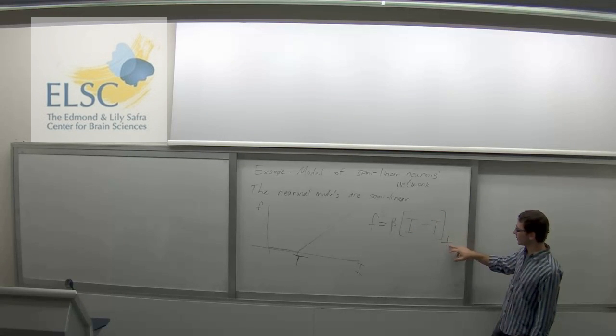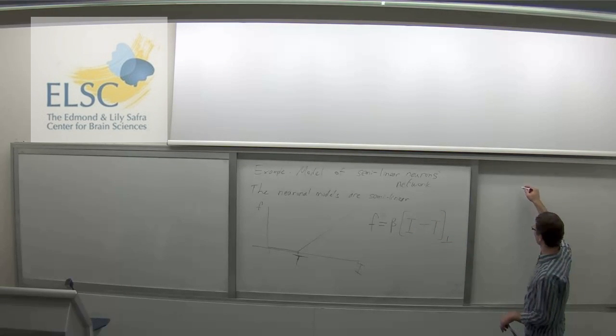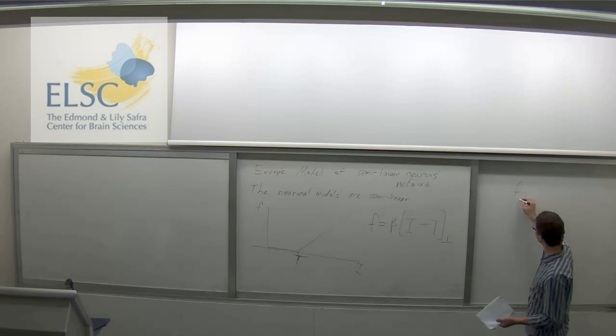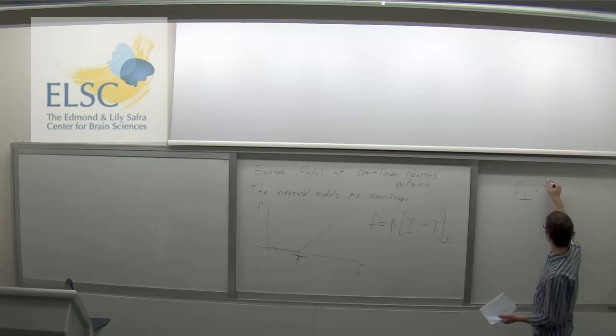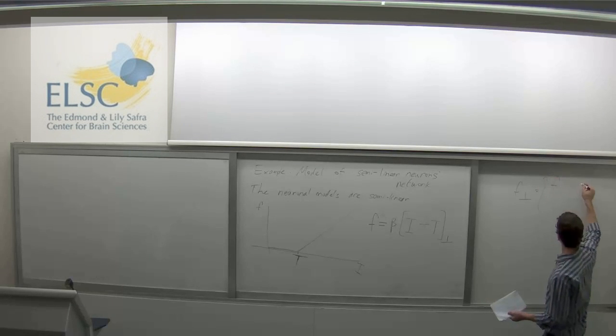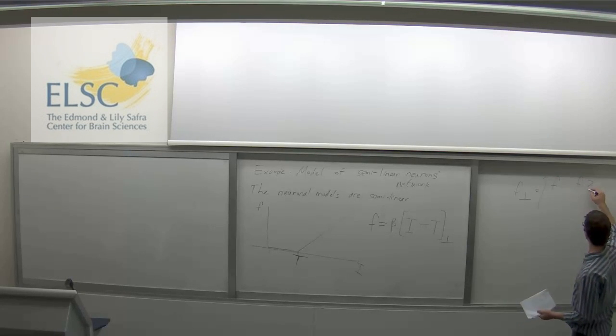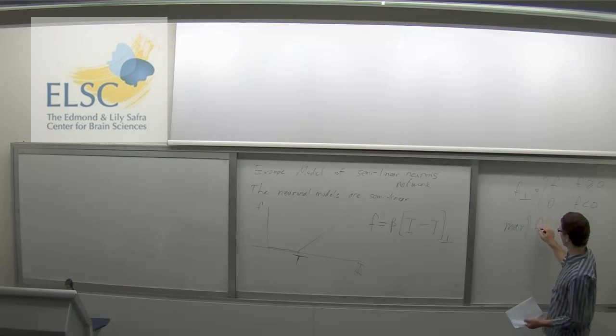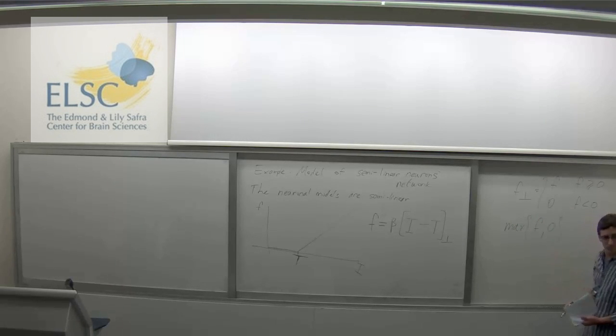So when you take some function or number and you add this plus here, it means that it's going to be f if it's greater than 0, and it's going to be 0 if it's less than 0. Or you can think of it as the maximum between f and 0. If it's greater than 0, it's f. If it's negative, it's 0.